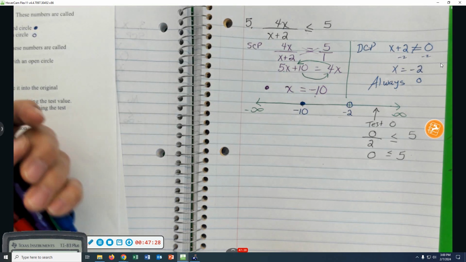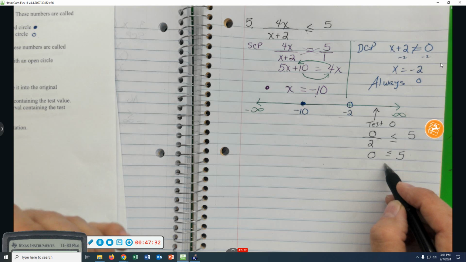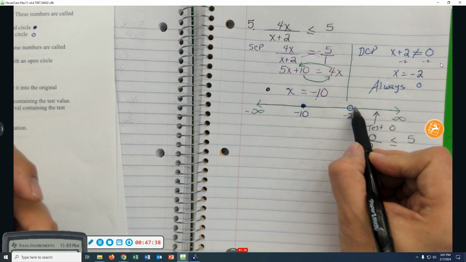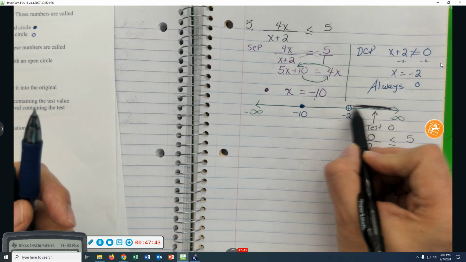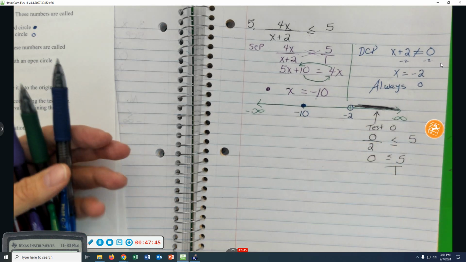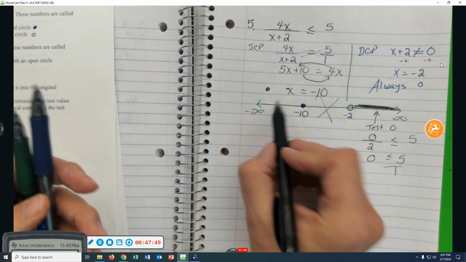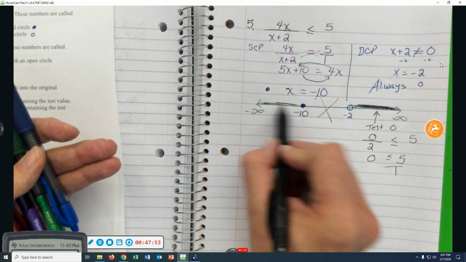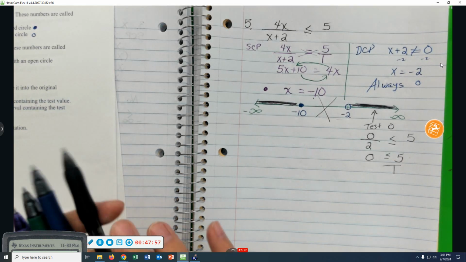Is that going to be true or false? Is that true? 0 is less than 5? So true. So that means I shade this one. What do the rest of them look like? What am I going to do here? X. And right here? Shade.